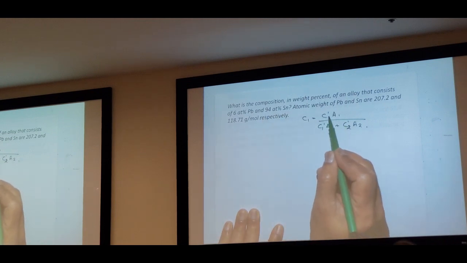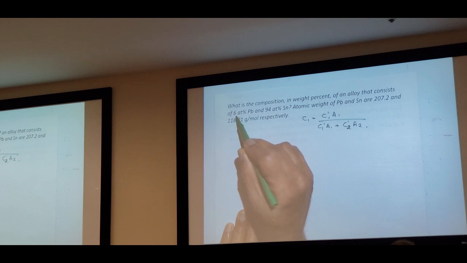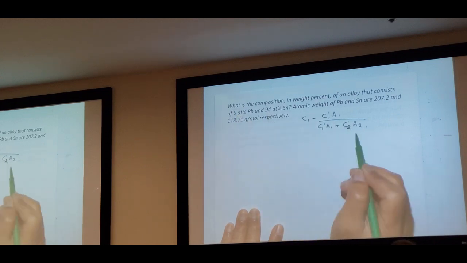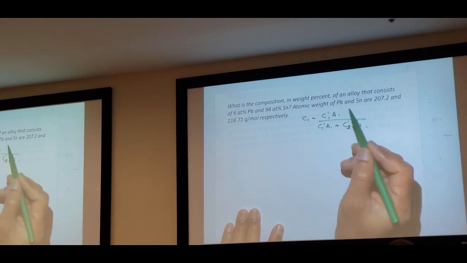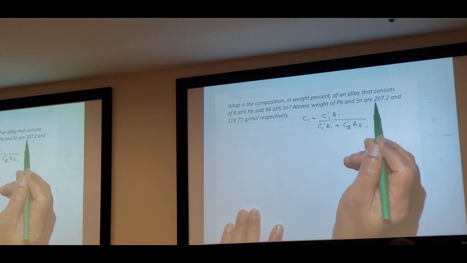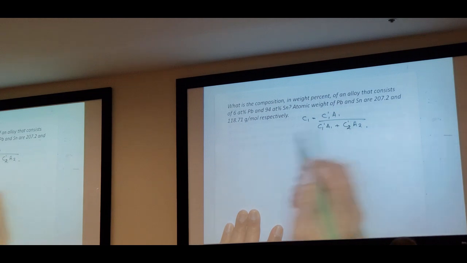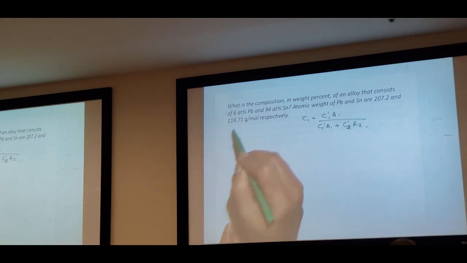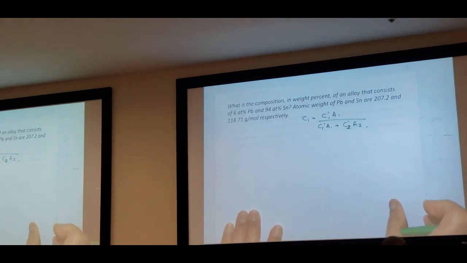So atom percent C1 prime is 6 and C2 prime is 94. Atomic weights of lead and tin are 207.2 and 118.71, so A1 is 207.2 and A2 is 118.71 grams per mole. Just substitute those values there and solve it. Okay, it's very straightforward. So I assume that you don't want me to solve it here.